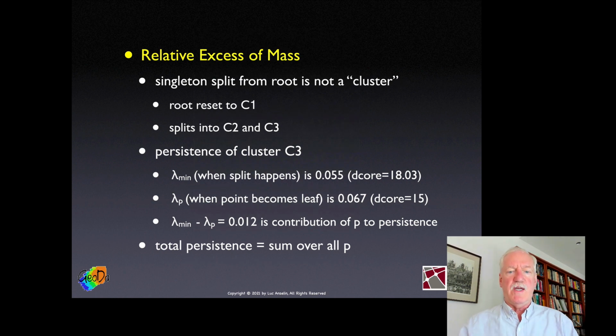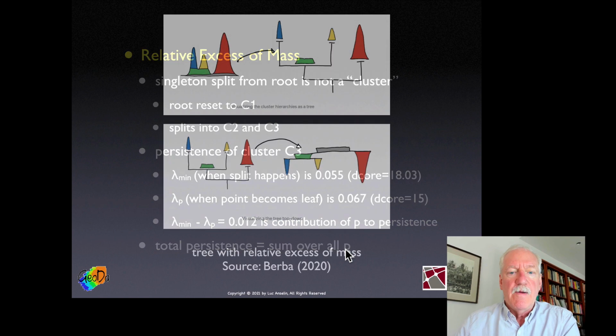So just to reiterate what I just said, we set the root to C1, we have the split in C2 and C3, and so when the split happens is 0.055, or the core is 18.3. When a point splits off, lambda is 0.067, or the core is 15, and the difference is the contribution. And so the total persistence of that cluster C3 is the sum over all the points. There's only two of them, so it's pretty simple.